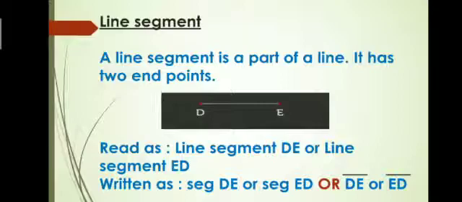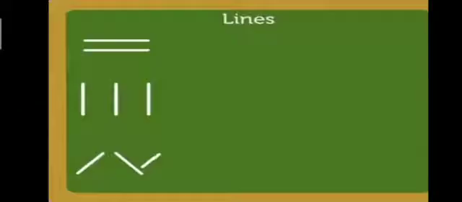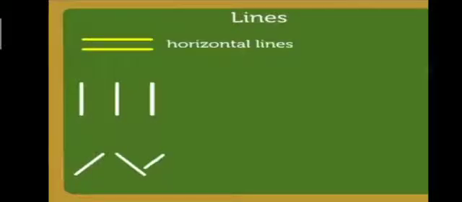Students, do you know shapes are created by connecting lines? There are different types of lines depending upon their positions and shapes. Students, look at these lines. These are horizontal lines.